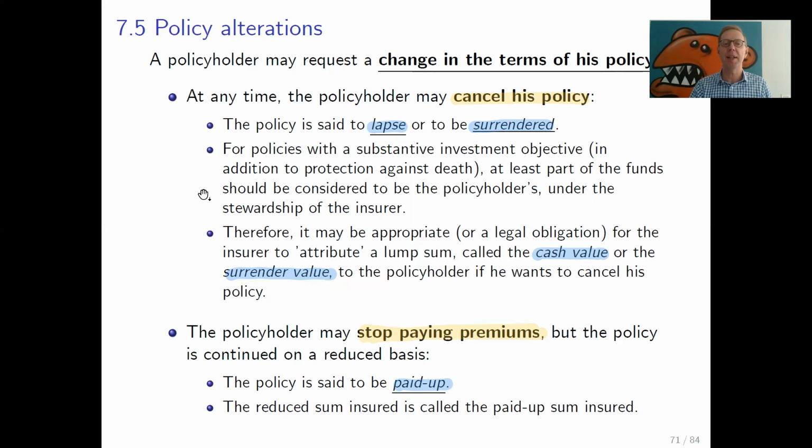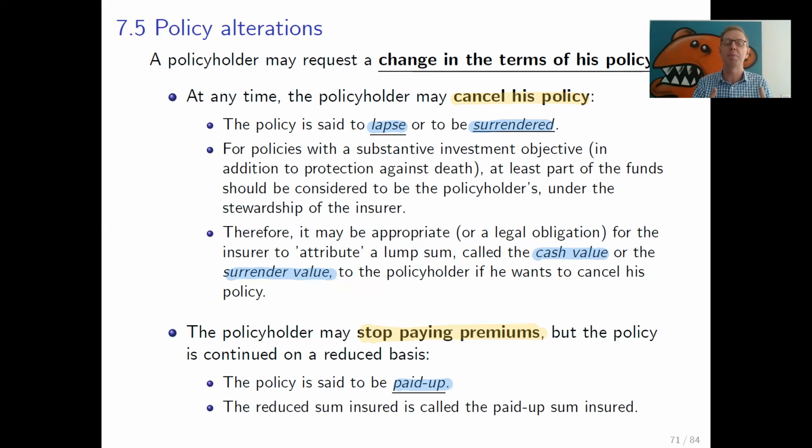This was about canceling the policy. The policyholder may also want to stop paying premiums, but continue the policy on a reduced basis. What does that mean? I was, for instance, paying premiums for a pension that starts at my retirement age.